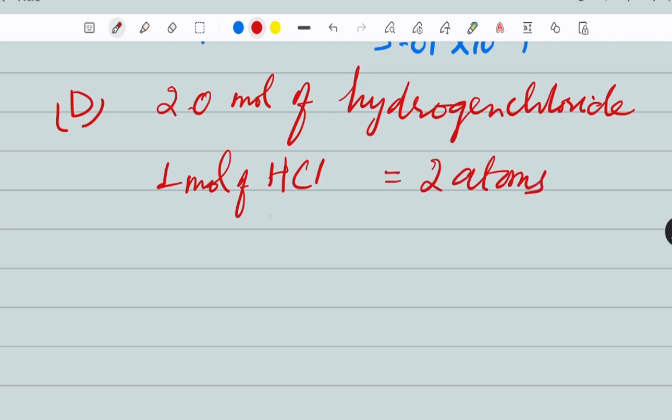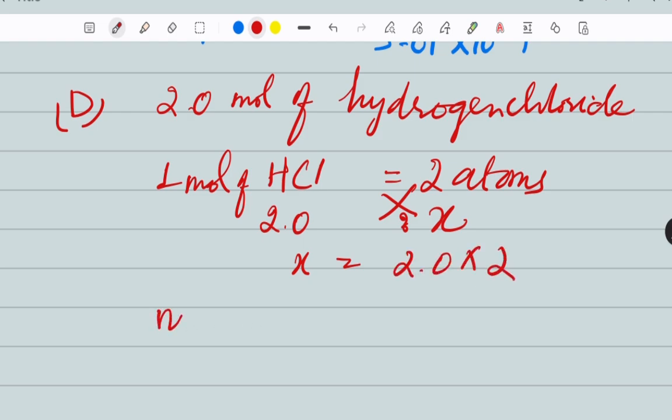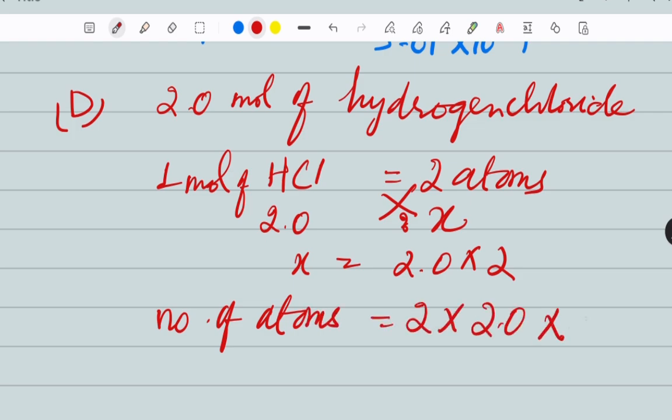So if we have 2.0, as given in the exam, then what will be the answer for the moles of atoms? 2.0 into 2. If we have to calculate the number of atoms, then 2 multiplied by 2.0 multiplied by 6.02 into 10 raised to power 23, and the answer will be 2.408 into 10 raised to power 24. So these are the numbers of atoms.